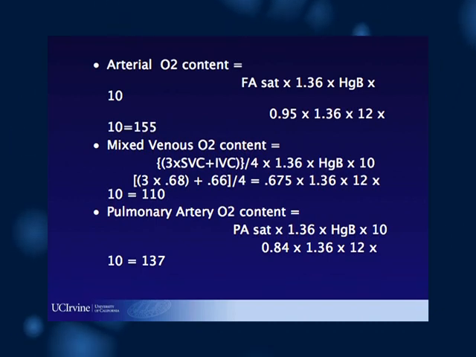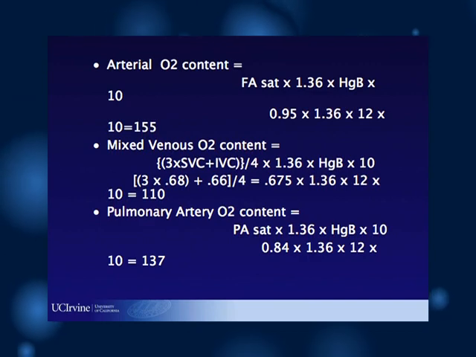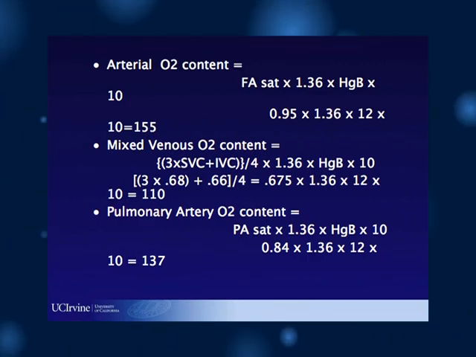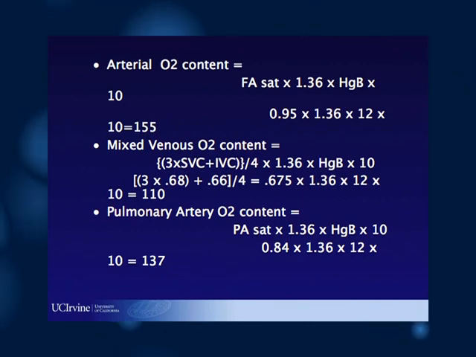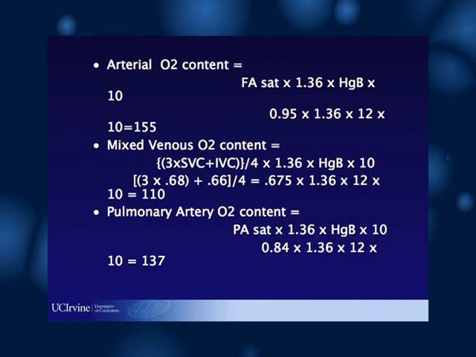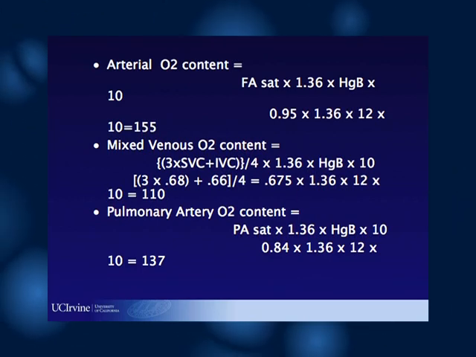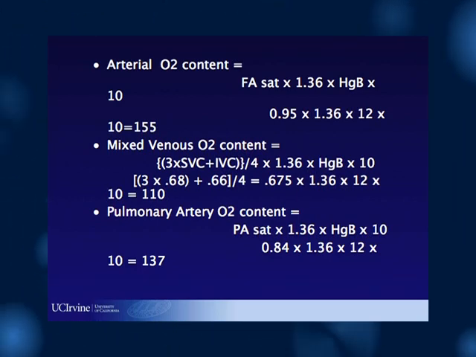The mixed venous oxygen content using the 3 SVC and the IVC data show that the mixed venous is 110 milliliters, and thus the pulmonary artery oxygen content calculated in a similar manner from the saturations yields a value of 137, and the pulmonary vein content now shows us that the saturation value is 150 milliliters as its content.